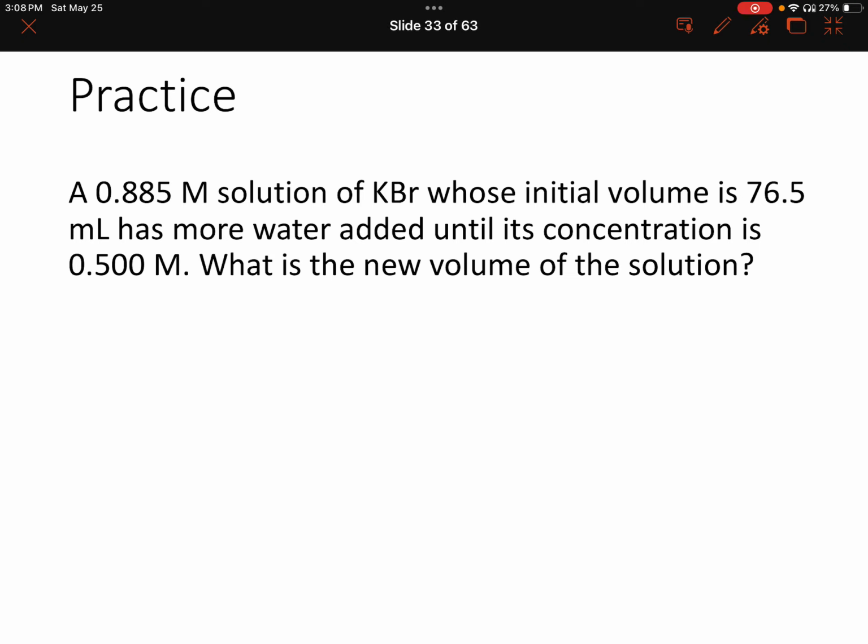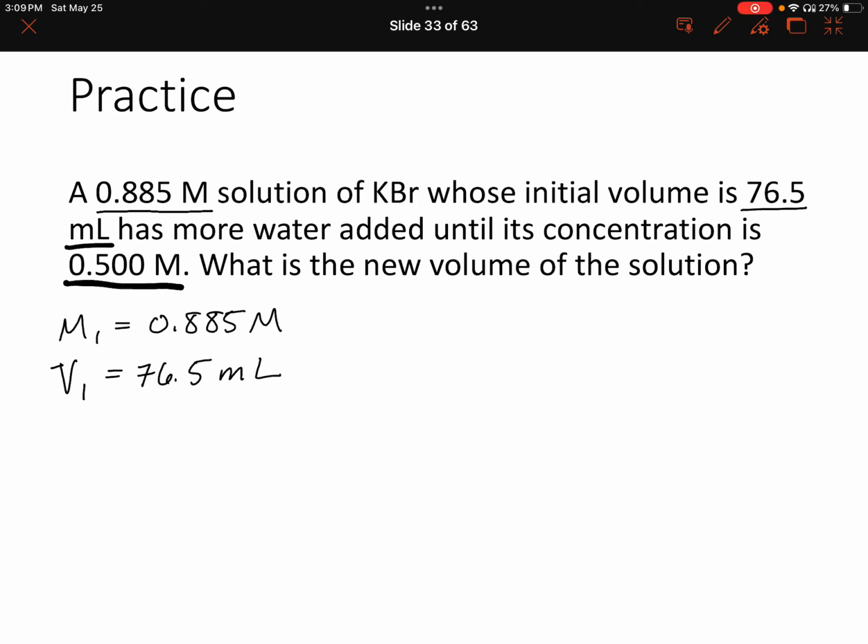Okay, so let's list out everything we were given. We were told that the initial concentration, M1, is 0.885 moles per liter. And then the initial volume was 76.5 milliliters. And then we're told that the second concentration, or the final concentration, is 0.5 moles per liter.